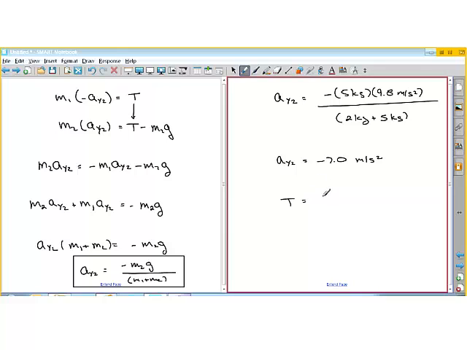The tension is just equal to negative m1 times a sub y2. I'm just using this equation, simplifying it by taking away the parentheses and moving the negative out front. So the tension is negative m1, which is 2 kilograms, times the acceleration, negative 7.0 meters per second squared.